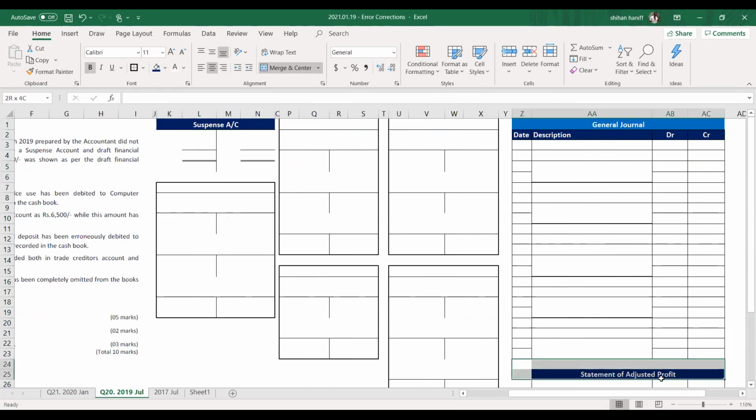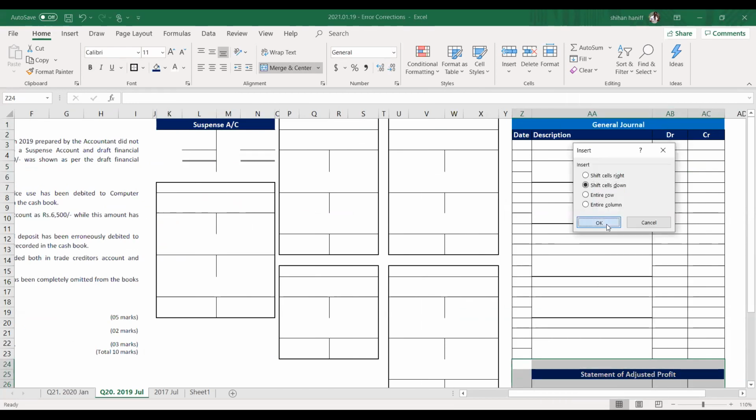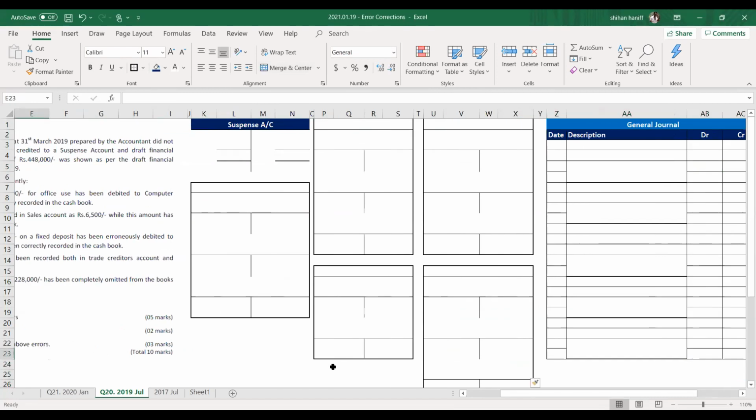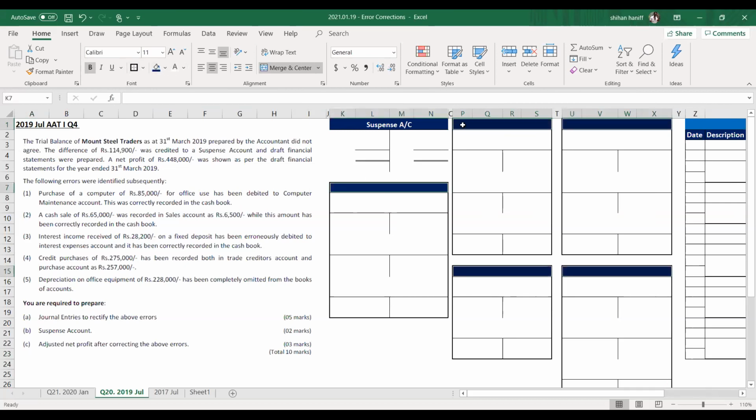And they also ask for the adjusted profit statement. I will explain that after completing this part. So there are 5 errors.